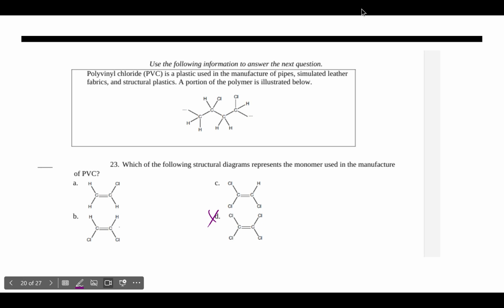I would double check the glass too and see which one we have more of. It looks like you have more hydrogens in comparison to chlorine. So that would make sense if it was A. If you chose B, we'd have the same amount of hydrogens and chlorine. And if we chose C, we'd have more chlorine than hydrogen.